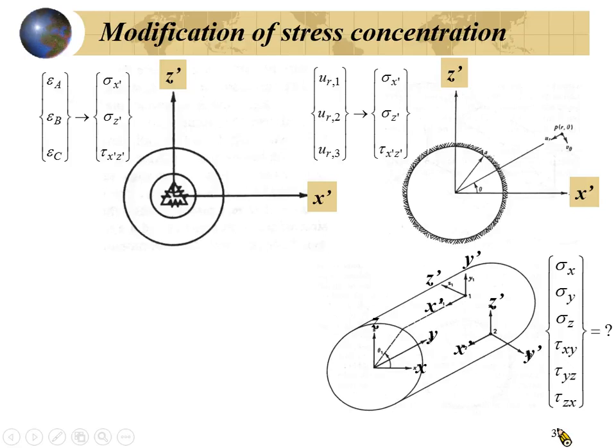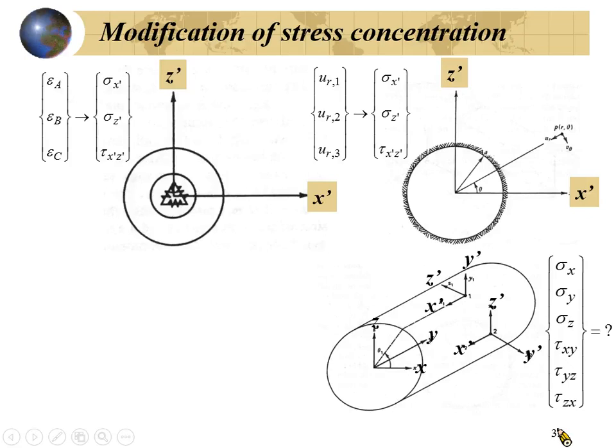So for any physical quantity, if it is a tensor, then you can freely transform this tensor from this coordinate system to that coordinate system if you know the directional cosines. You already learned this. It is not a really difficult task. If you want to make your calculation, you can write a very simple program. You don't really need any software to help you. You can write the code by yourself. Okay?